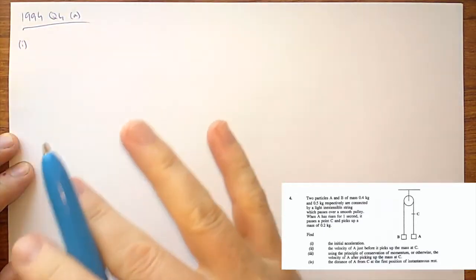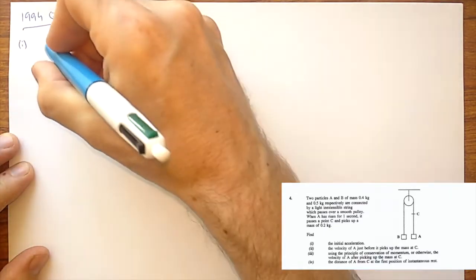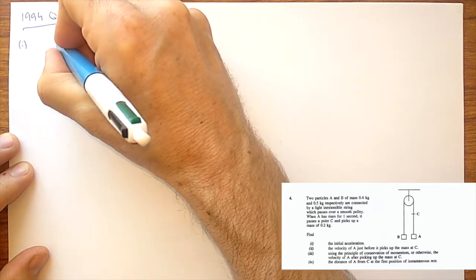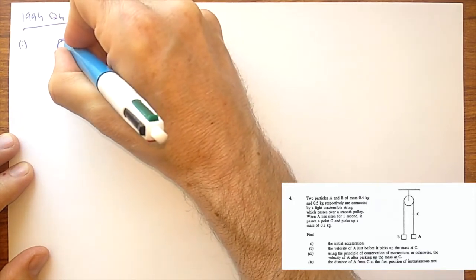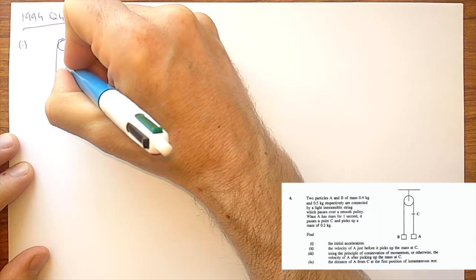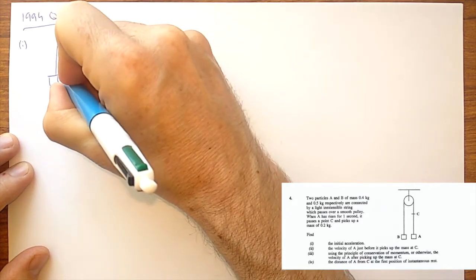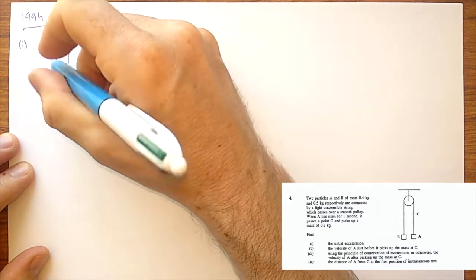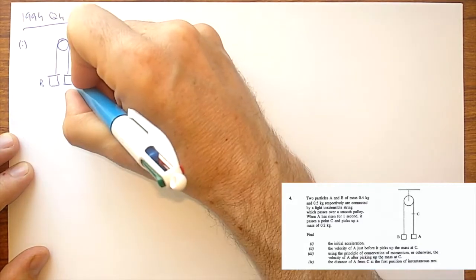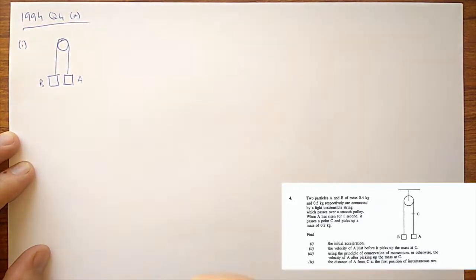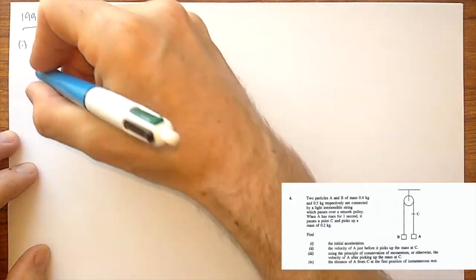Okay, so just the initial acceleration. So in this case, we have our pulley, and we have our little particles either side, and they're starting at the same place. There is A and B. Okay, that's B, that's A. Now, we know our force on them.